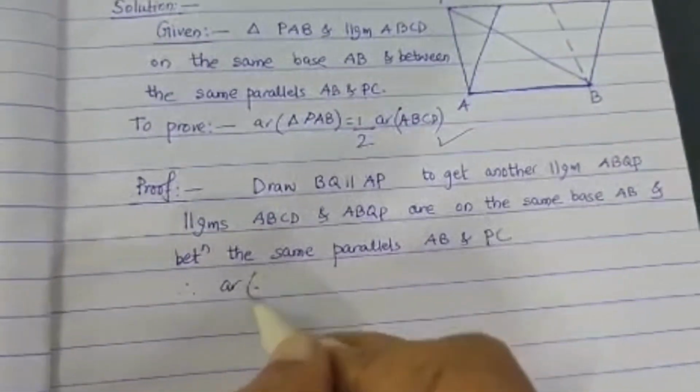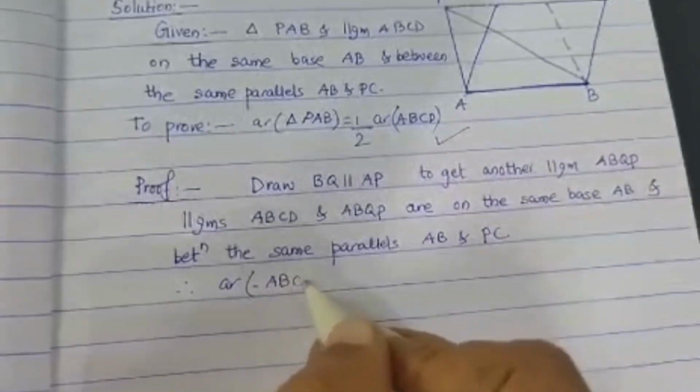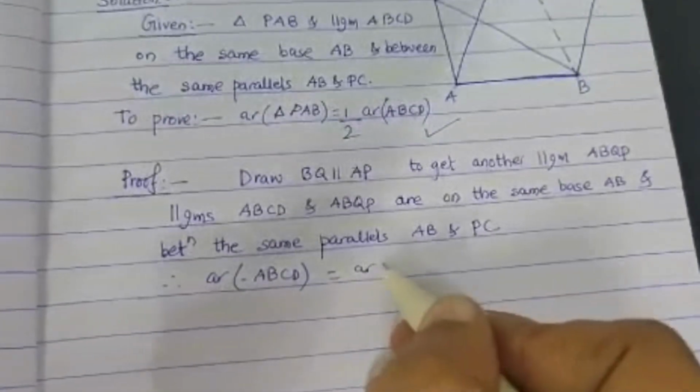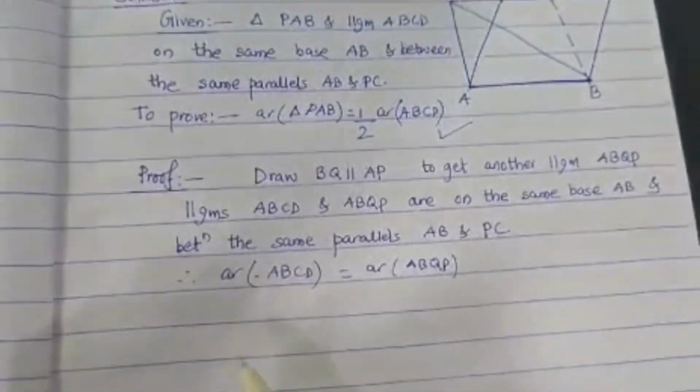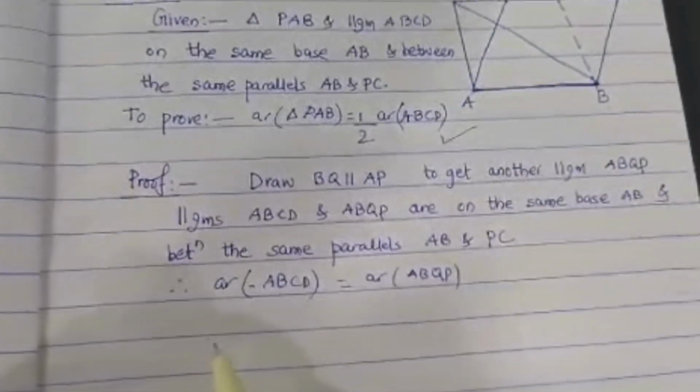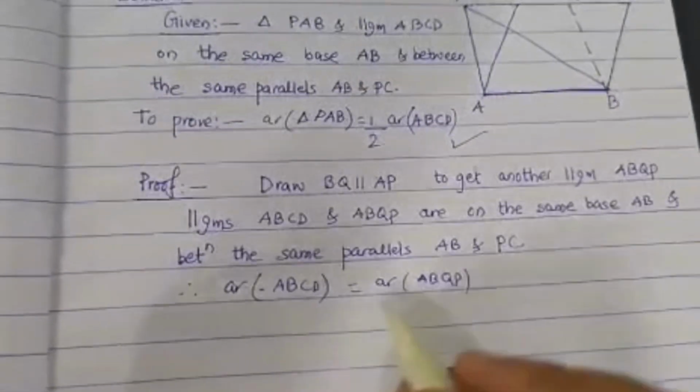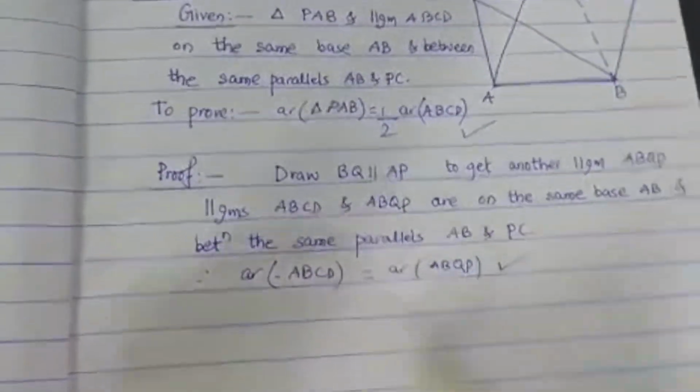Therefore, area ABCD is equal to area ABQP. We can say from the theorem we have studied that parallelograms on the same base between the same parallels have equal areas. Okay.